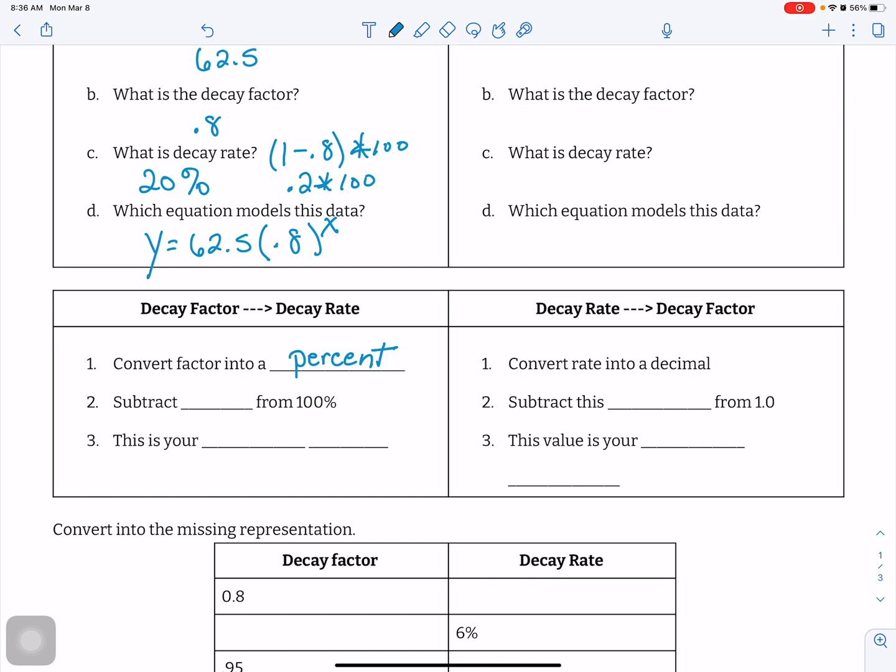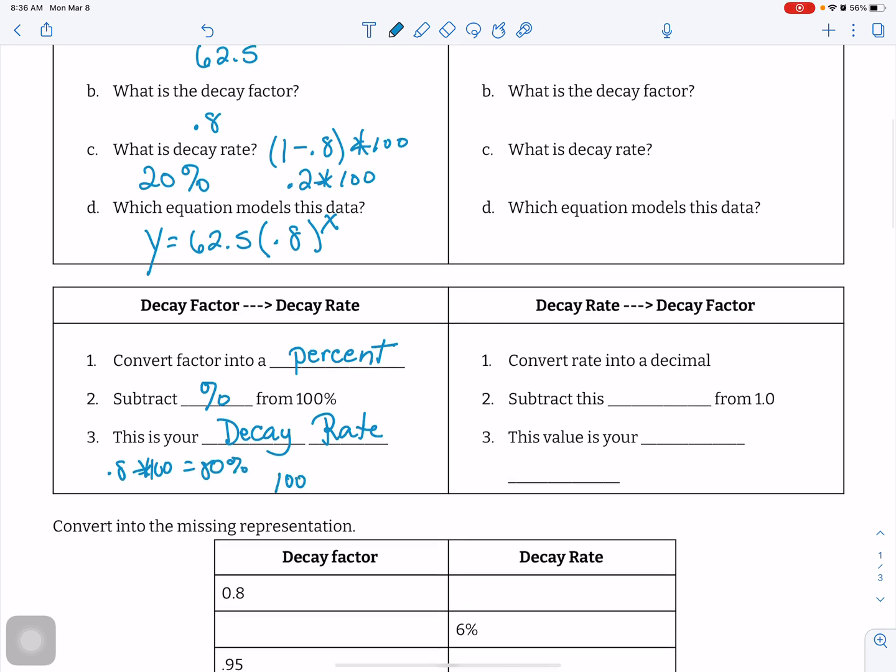Subtract that percent from 100, and this is your decay rate. So up above, we would have had 0.8 times 100 to get 80%, and then we would do 100 minus 80 to get 20%. So slightly different steps. It still works.